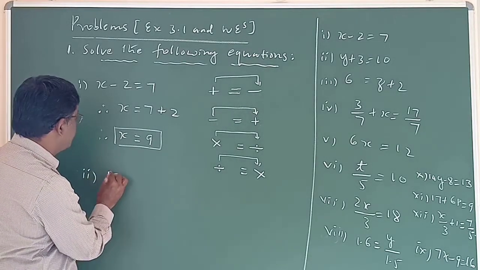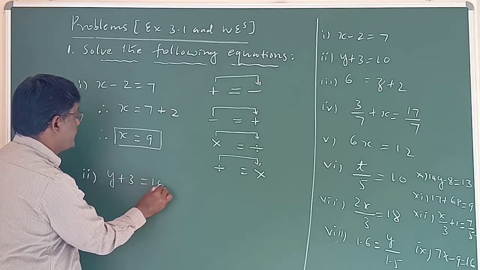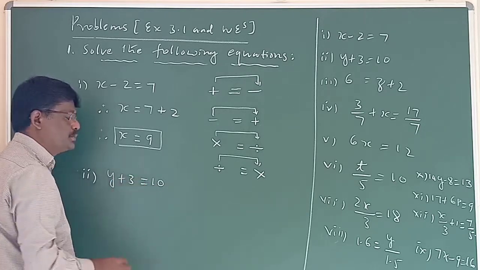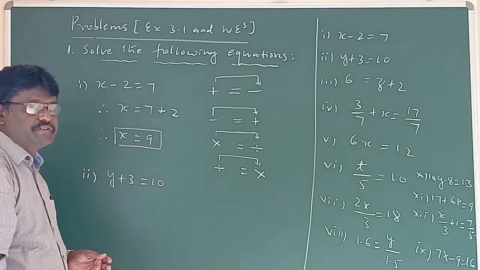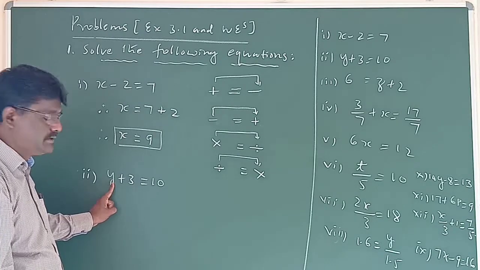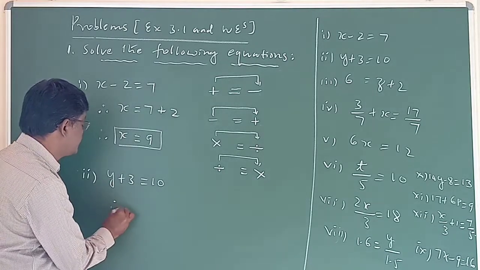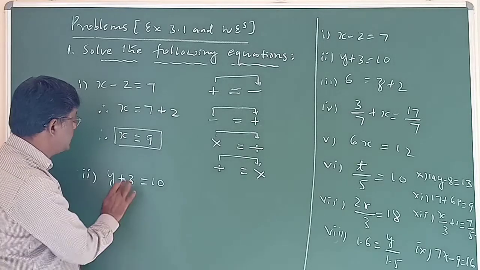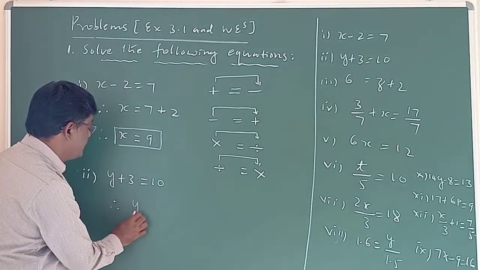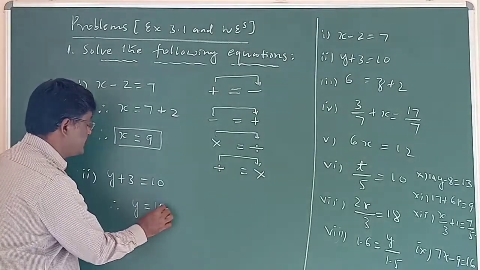y plus 3 equals 10. First we have to observe on which side the unknown is. The unknown is in the convenient place, that means on the left hand side. Next, the known factor is plus 3. Keeping the unknown on the left hand side, first write what we have on the right.